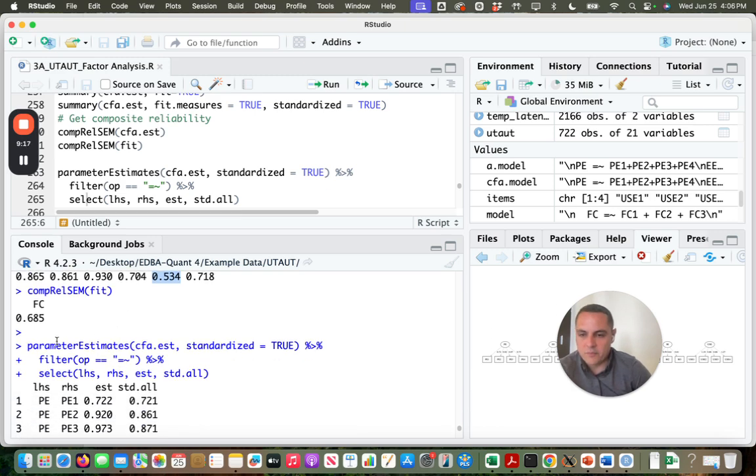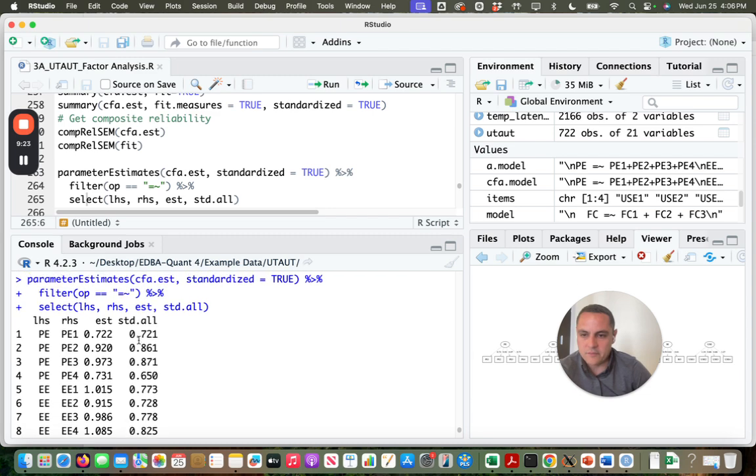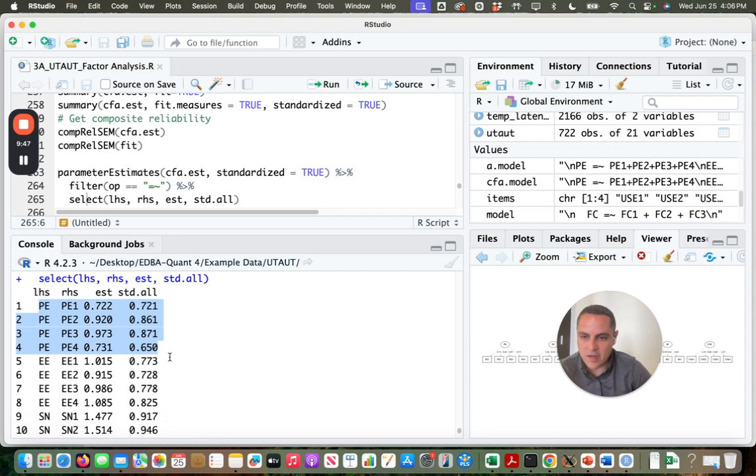The third block here, parameter estimates, we're printing off and filtering down to evaluate the standardized loadings. This last column is the standardized loadings, and you can see within each construct the high and the low loadings, right?